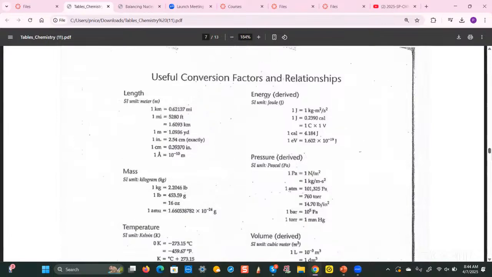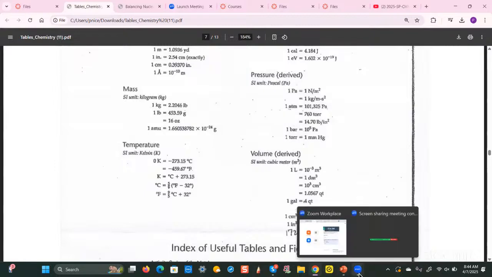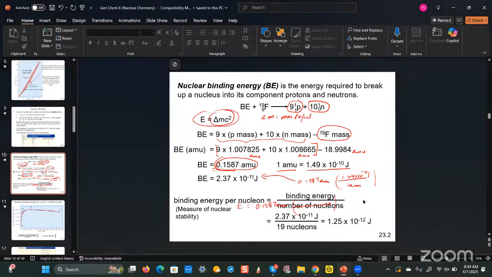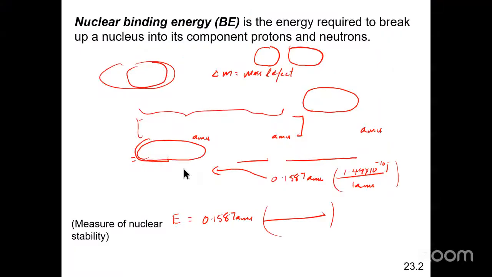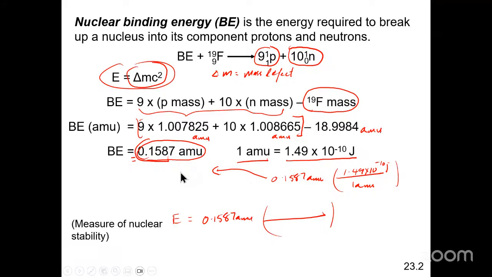Okay, 1 AMU is equal to 1.66 times 10 to the minus 27 kilograms.